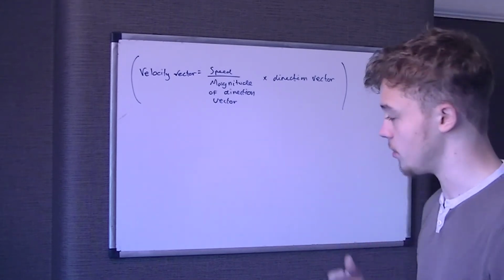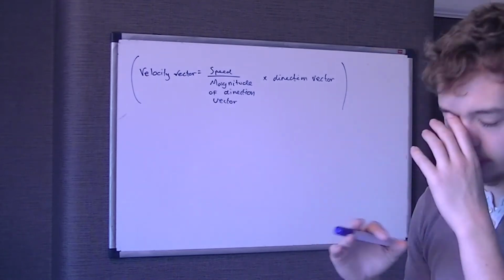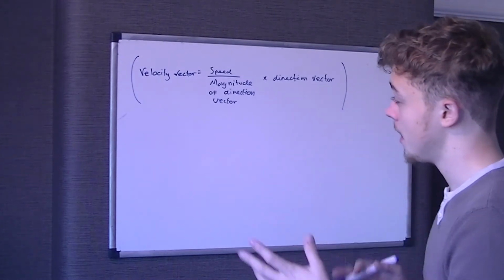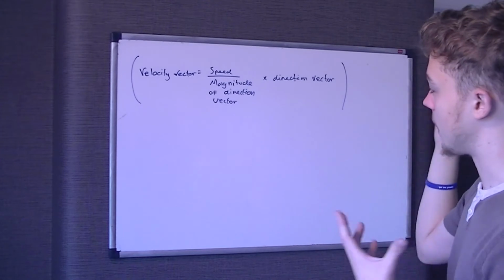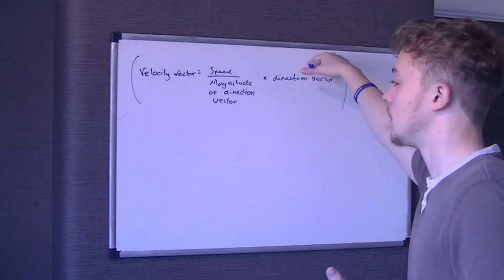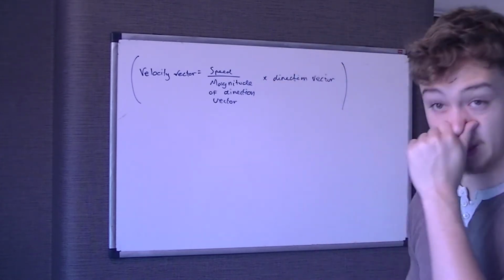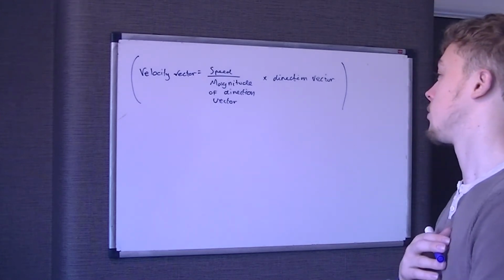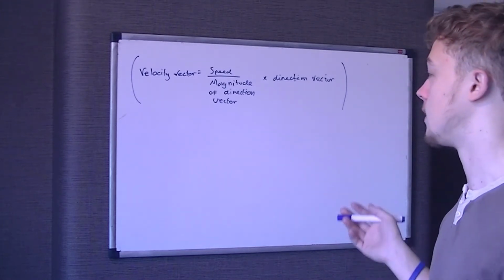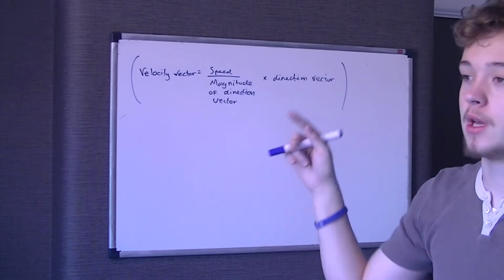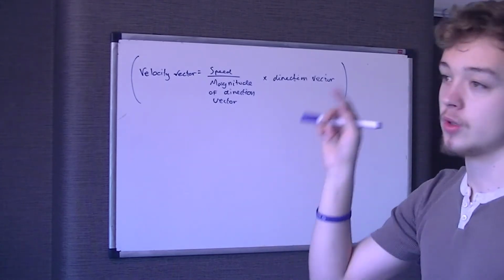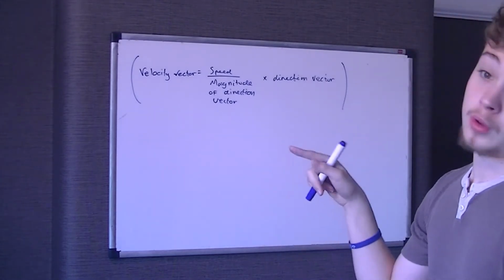So essentially we're working out the proportion of the two. If the velocity vector is double the direction vector, then, say the speed might be 14 and the direction vector might be i plus j.